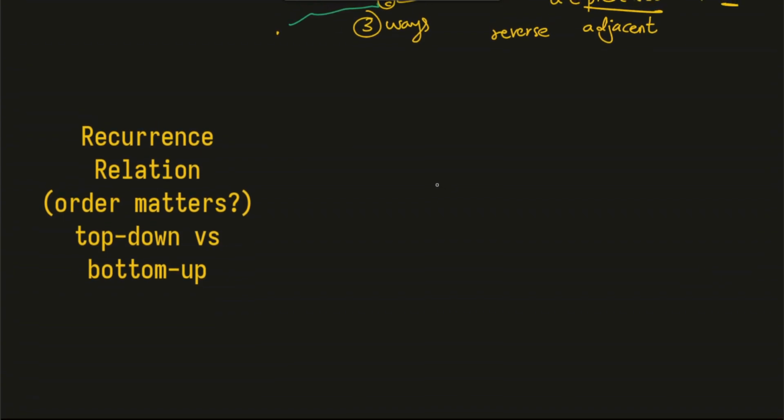Now let's look at the recurrence relation. If we know the order in which we are going to evaluate the number of ways for all nodes from 1 to n, let's say the order is p1, p2, p3, and pn.